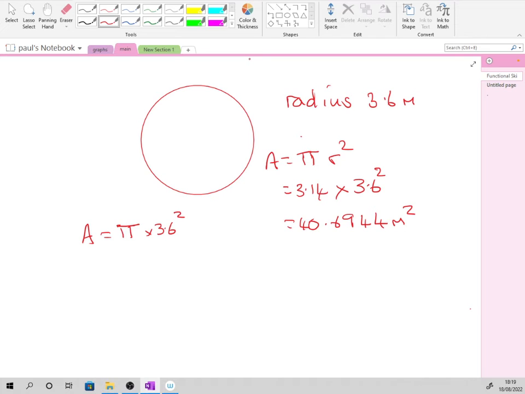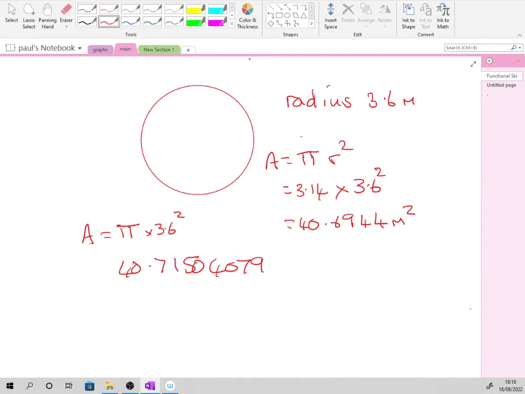So if I go shift pi times 3.6 and then that little x squared button, I get an answer of 40.71504079.